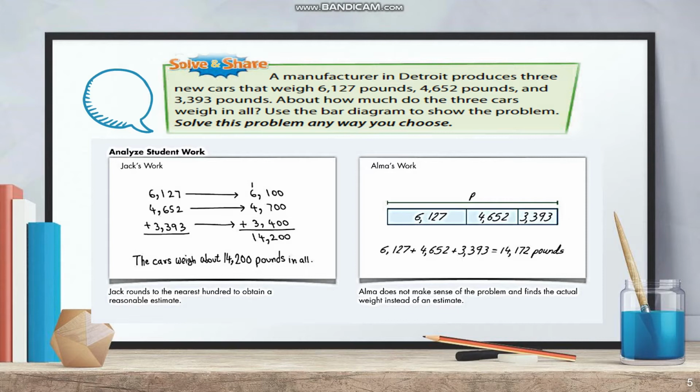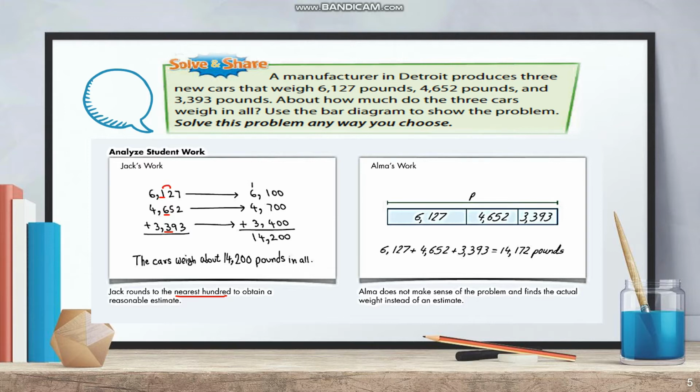If we're going to analyze this student work, ask to round to the nearest hundred to obtain a reasonable estimate. So when we say estimate, it means it is not the exact answer. So the hundreds place is 1. We have 6 also here and we have 3. So round 1, it is followed by 2.